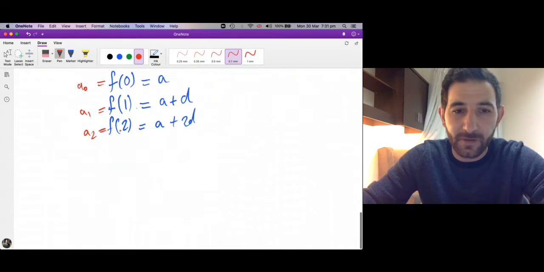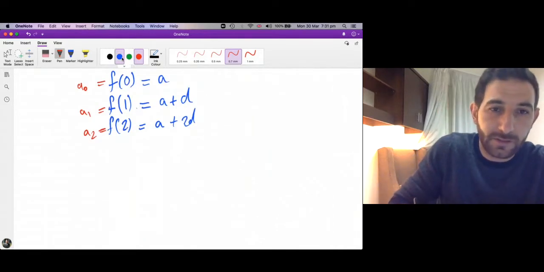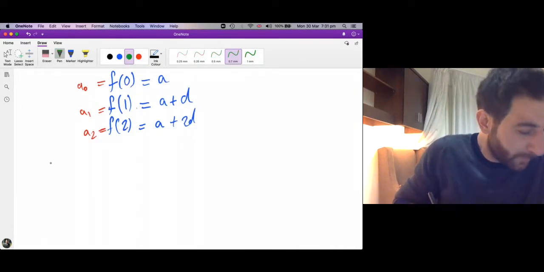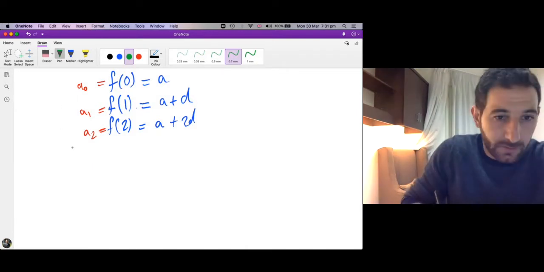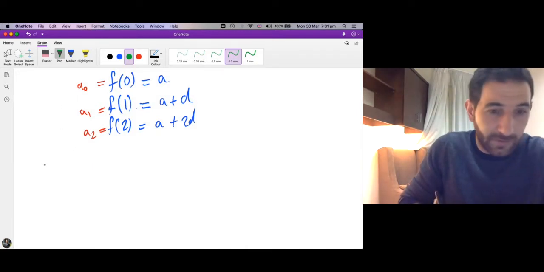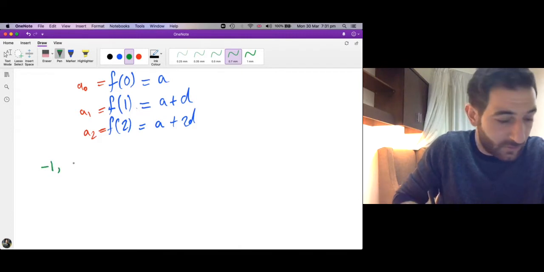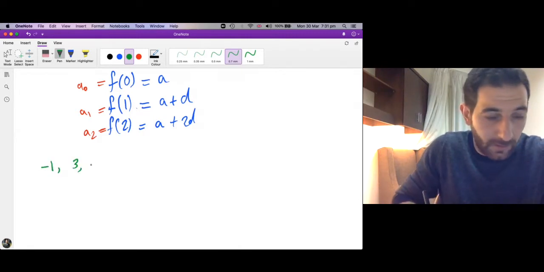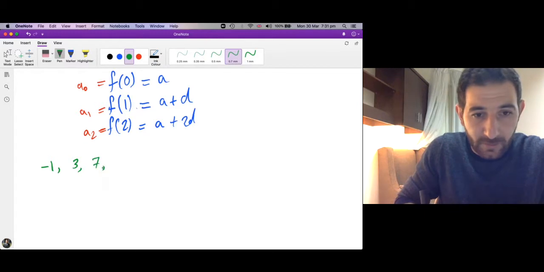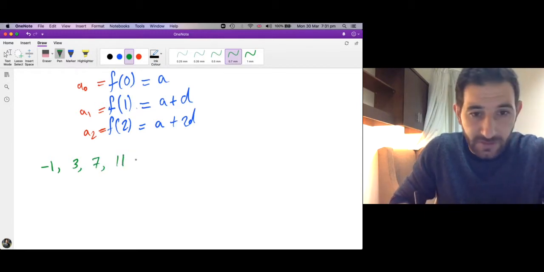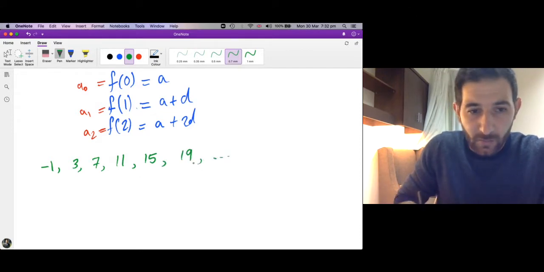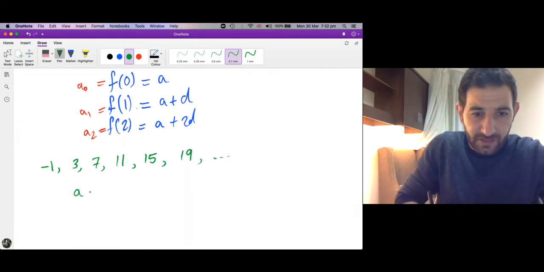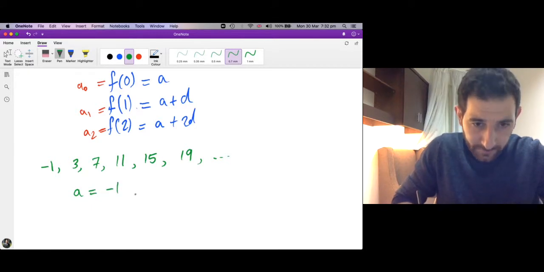Let's have an example of an arithmetic progression. Look at this example: -1, then 3, then 7, then 11. I'm giving you a sequence, and I want you to see that this is an arithmetic progression. What is the first term? The initial term a is -1.